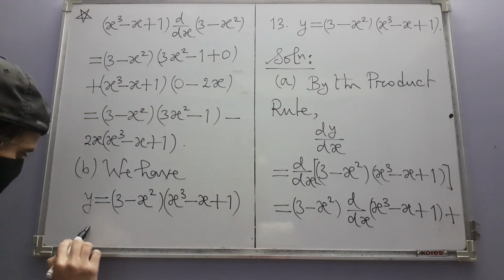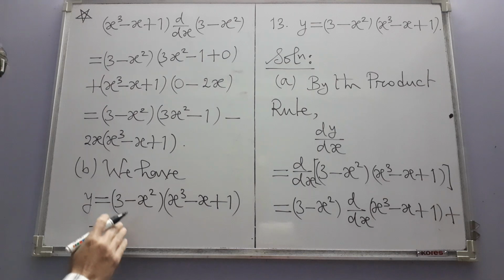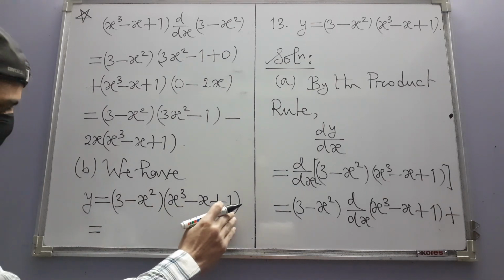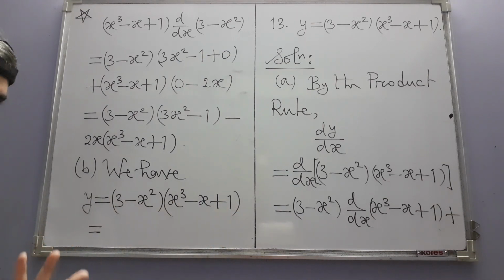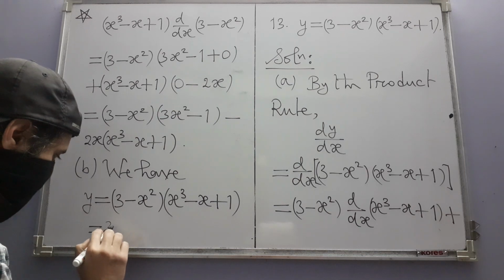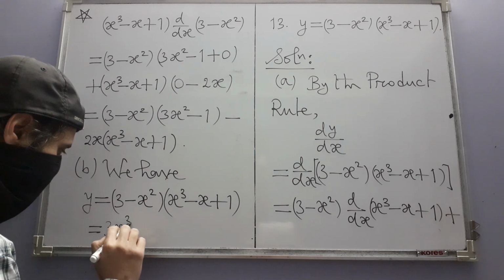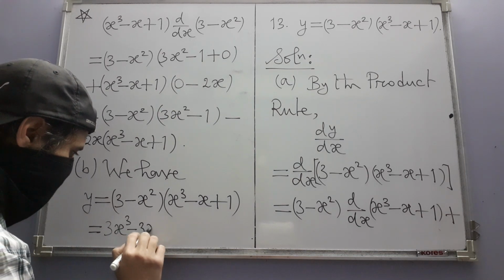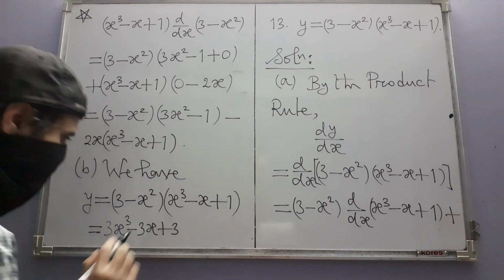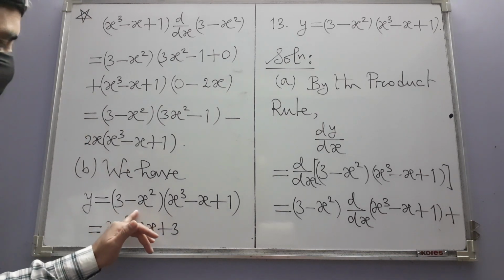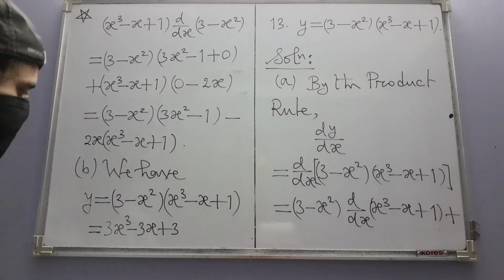And we do our usual multiplication. First we are going to multiply this by 3. That means each term will be multiplied by 3. So 3x cube minus 3x plus 3. And then again by minus x square.